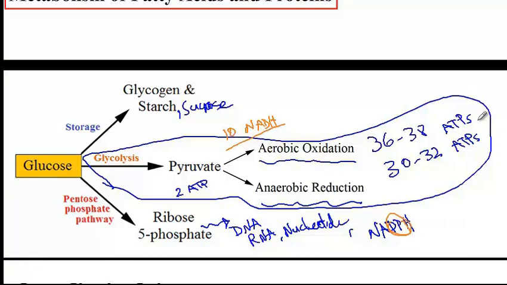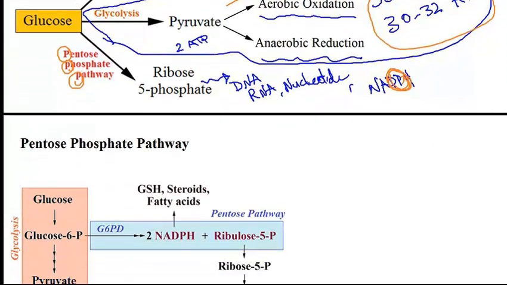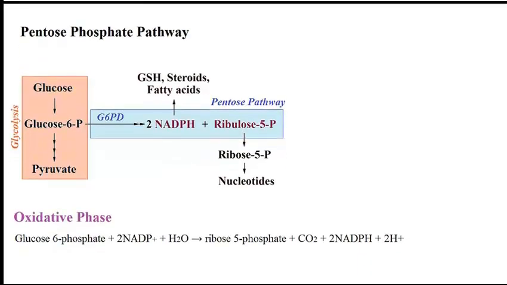NADH is used for energy production or ATP, adenosine triphosphate, production, while NADPH is used for different biosynthetic pathways. So that's one point I'd like you to pay attention to. And if you'd like to remember that the pentose phosphate pathway is associated with NADPH, you can always think of the pentose phosphate pathway as associated with production of NADPH. All right, now with that background information, let's move on to the actual pathway.